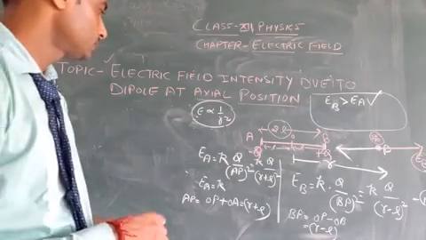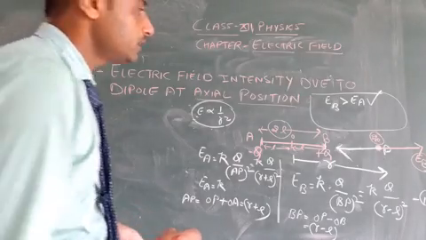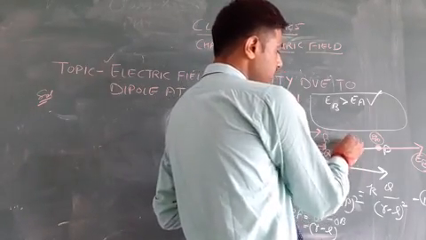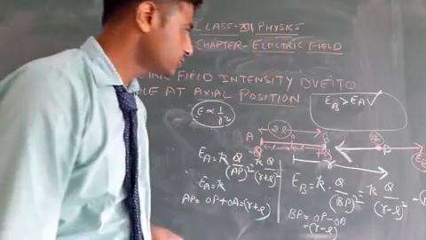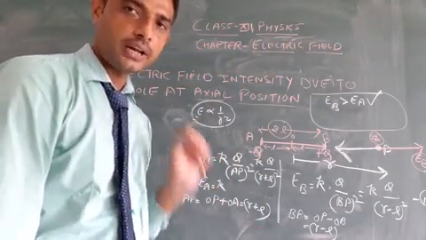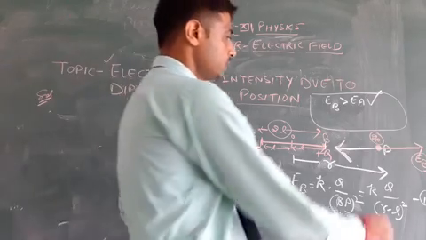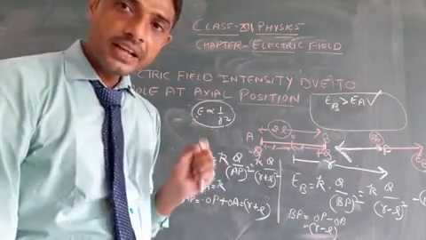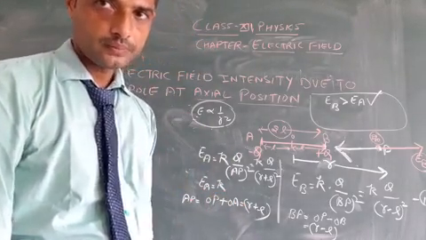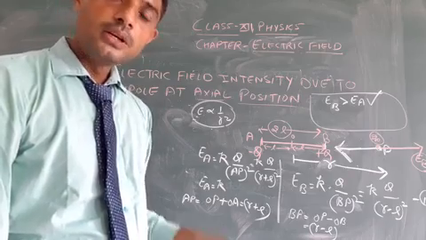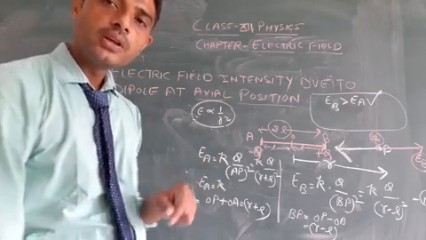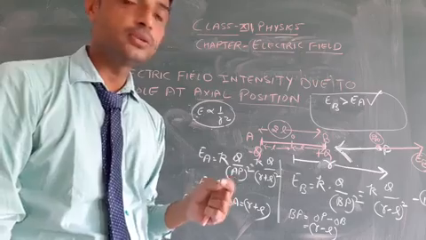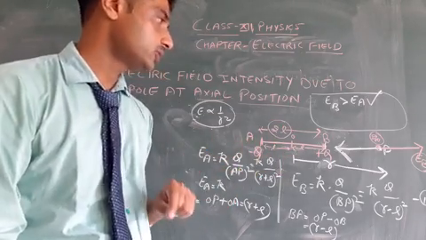Okay? And the intensities due to the +Q charge and -Q charge act in opposite directions. So the resultant intensity is equal to the difference of intensities of the +Q and -Q charges.